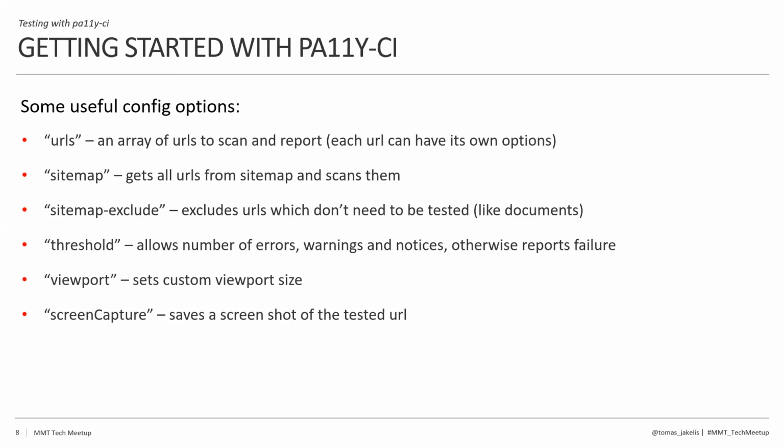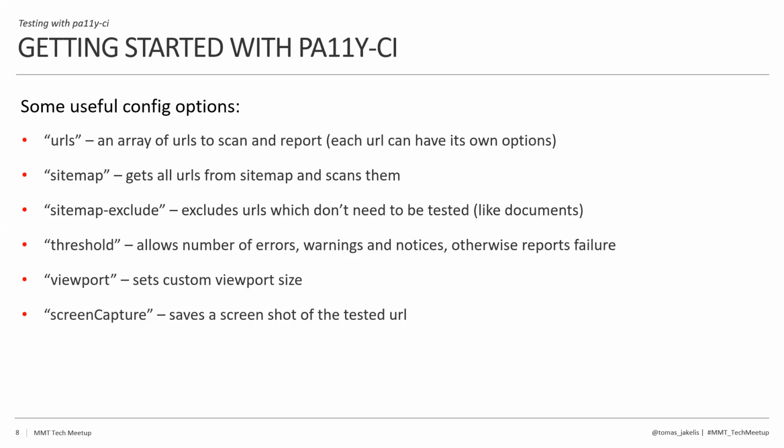So some useful config options we can use. URLs, which I already mentioned. We can provide an array of URLs to scan the website and report. Each URL can have its own option set.